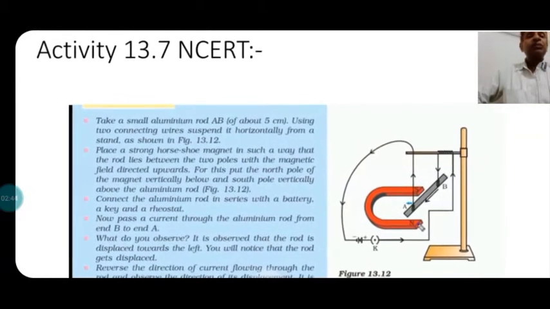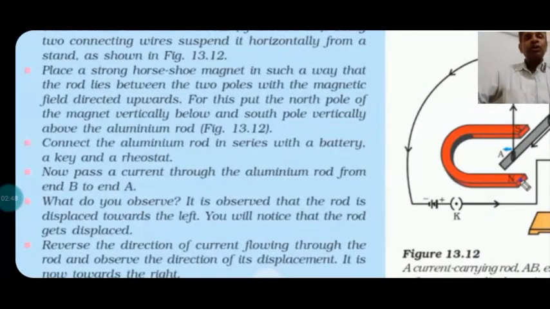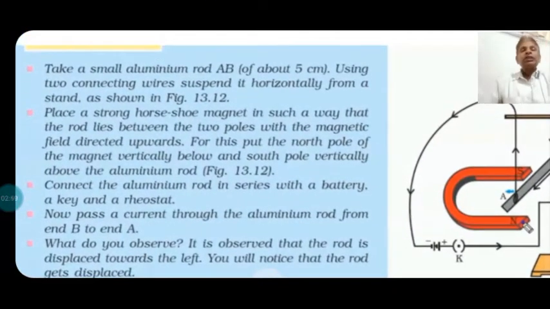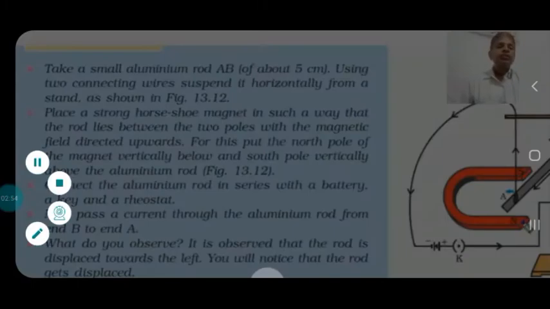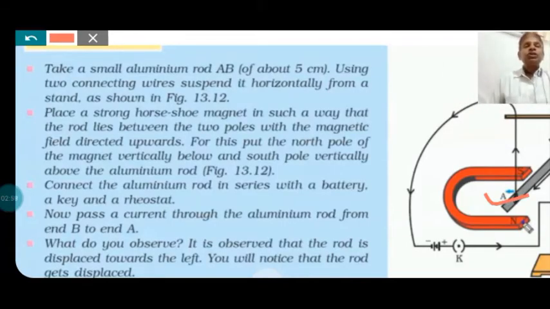Here is the activity setup, and we will discuss how it is performed. Take a small aluminum rod, 5 cm long. Using two connecting wires, suspend it horizontally from a stand as shown in the figure.